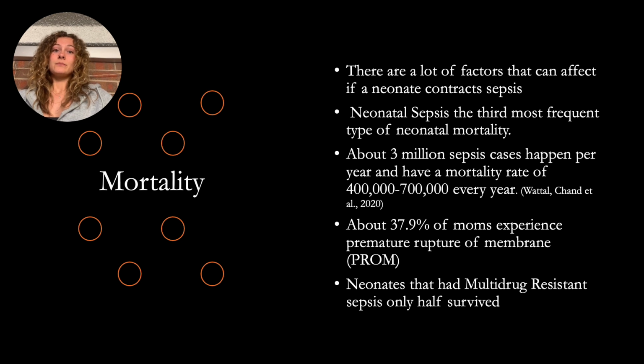And then neonates who had multi-drug resistant sepsis, only around half of them survive. So, as you can see, there are a lot of factors that go into mortality and the rate of babies dying because of sepsis.